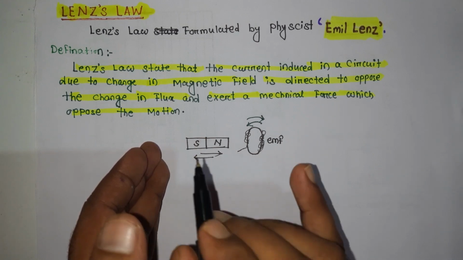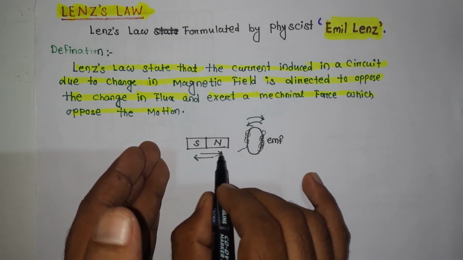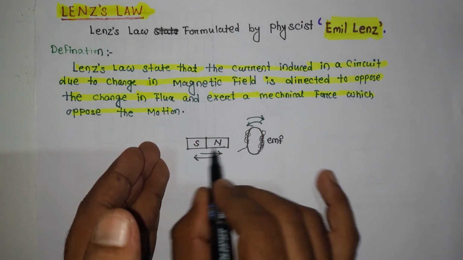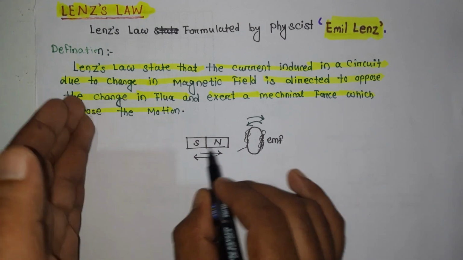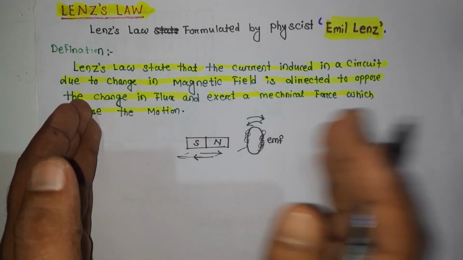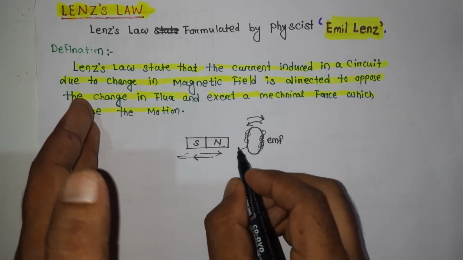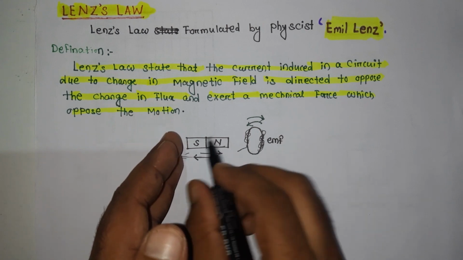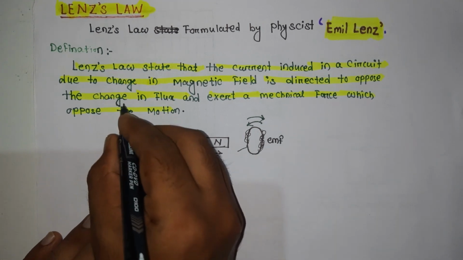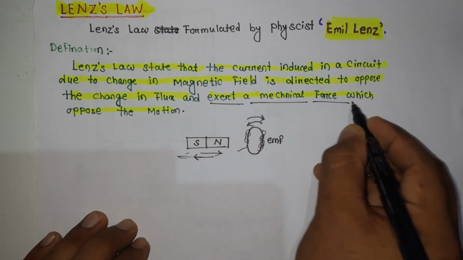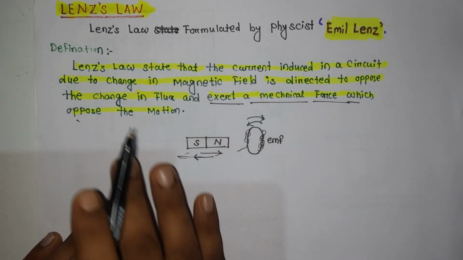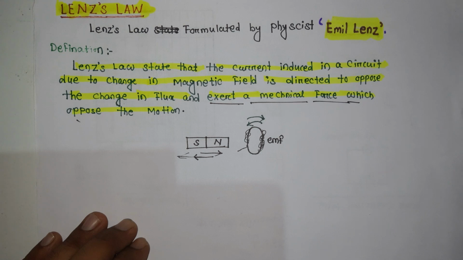That is Lenz's law. If the magnet moves away from this coil, the flux reduces, so it will attract. This is the flux of it, and it exerts a mechanical force which opposes the motion.